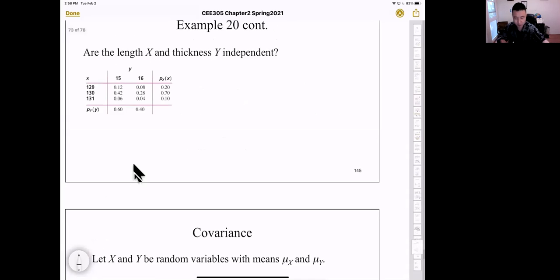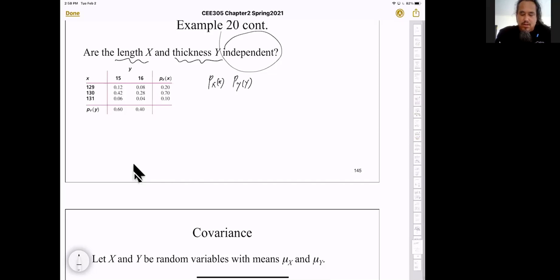And then let's go to that old example. In this discrete variables example, we are given the probability of length x and also the thickness, asking whether these two variables are independent or not. So we can calculate pxx and pyy and see if they are equal to pxy.